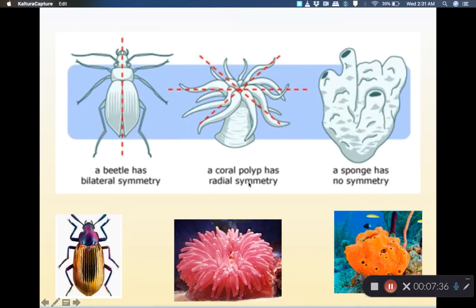However, if you look at corals or polyps, you can see they have something called radial symmetry. So if you drew lines through this, you'd be able to get symmetrical sections of the animal. And then lastly, we have bilateral symmetry, which is really saying we can split an animal in half and they're going to be equal on either side.